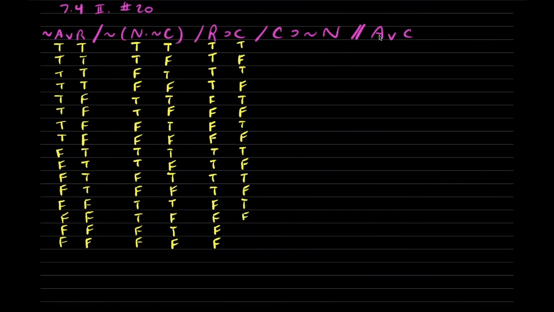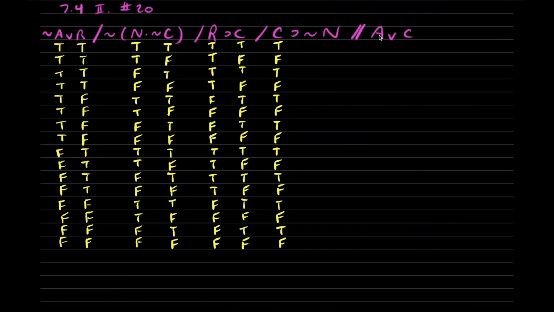Helps you keep your place. All the way down. We have a C column again, so true, false, true, false, true, false, true, false, true, false, true, false, true, false.